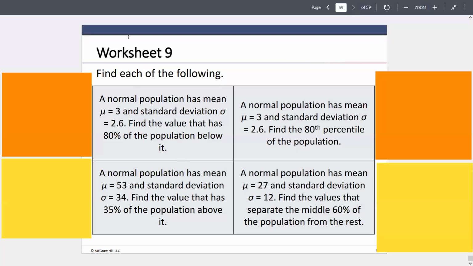All right, so this one's just practicing with a bunch of different examples. A normal population has a mean of 3 and a standard deviation of 2.6. We want to find the value that represents 80% below it.